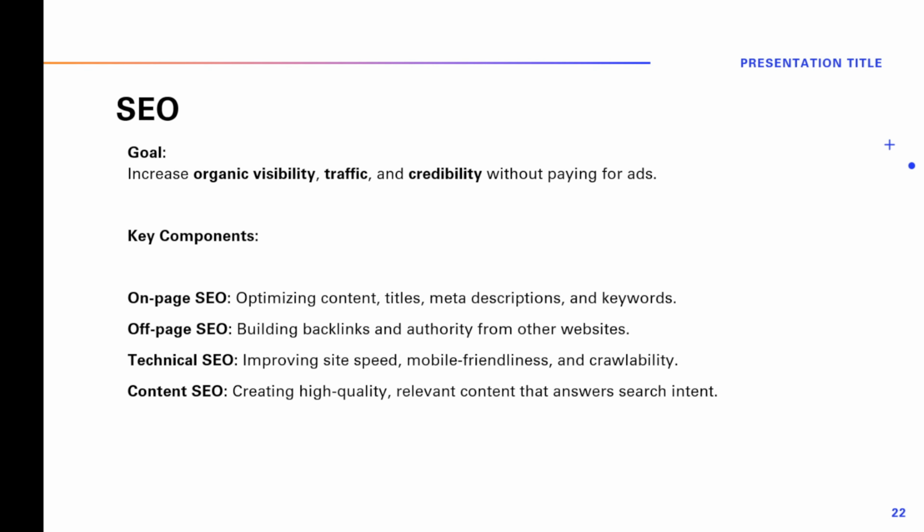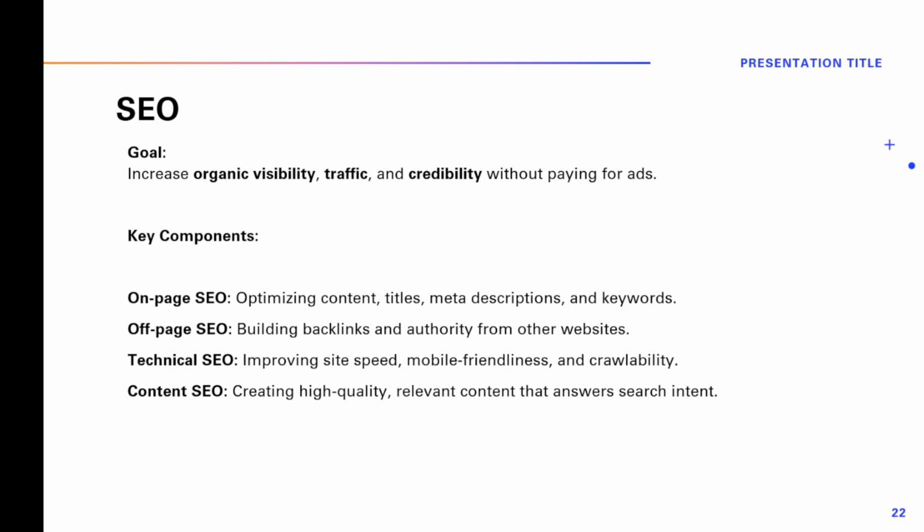I would assume by now you already know what SEO means. The goal of SEO, or search engine optimization, is to increase organic visibility and credibility of your website, without paying for ads, of course. The key components of SEO, by now you know, are on-page SEO, which involves the optimization of content, titles, meta descriptions, and keywords.